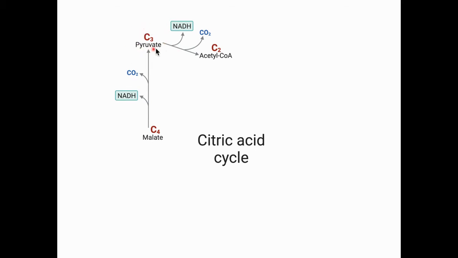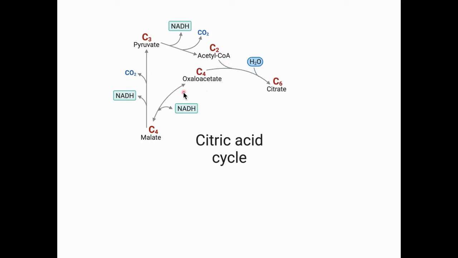This pyruvate can also lose one carbon to become carbon dioxide and lose electrons to produce NADH, and it will become the two-carbon molecule called acetyl-CoA. This acetyl-CoA can combine with another product from malate. Malate can also lose electrons to produce NADH, and it will stay C4 and become oxaloacetate.